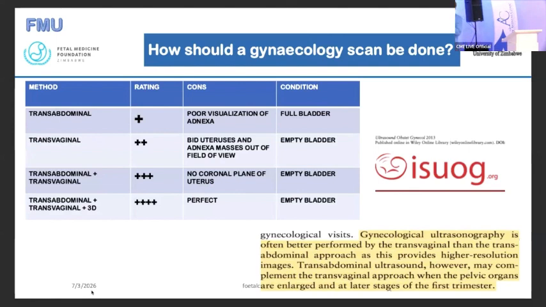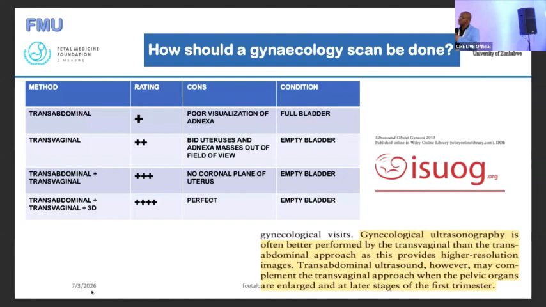The transabdominal scan is what most people are used to doing and what's available, and in terms of the patient's comfort, sometimes they accept it better than the transvaginal. However, the clarity of the images may not be so good with transabdominal. So transvaginal becomes the better option, especially when the uterus is small.